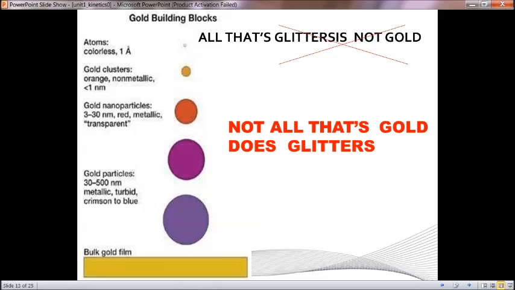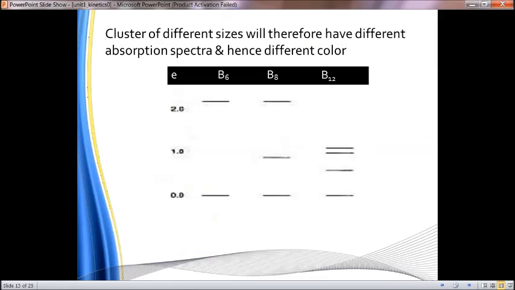Then it changes to purple, and then to red, which is at 3 to 30 nanometer. Red metallic transparent material is there, and when it is taken at less than 1 nanometer diameter, it seems orange in color and is non-metallic, and when you take it at 1 Angstrom diameter, it is colorless. That's the gold particle. So it is because of these energy levels.